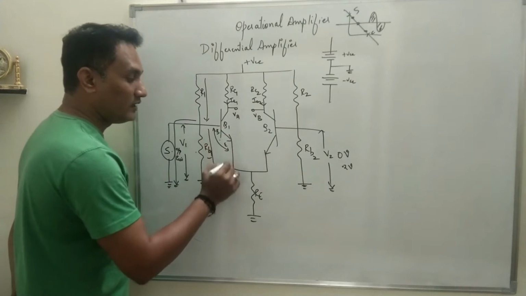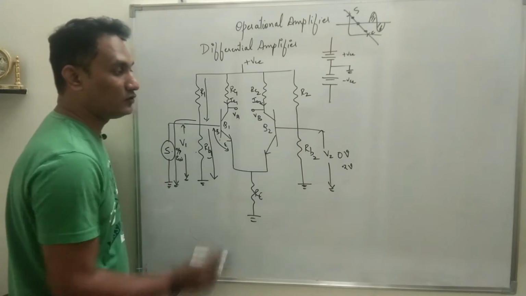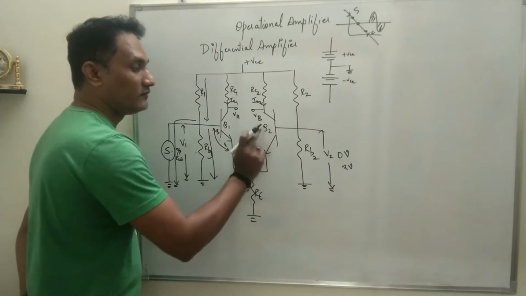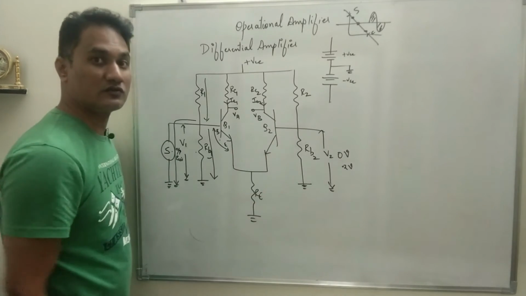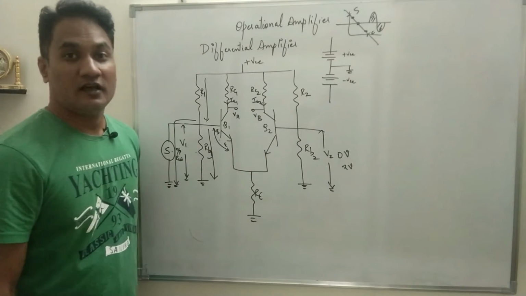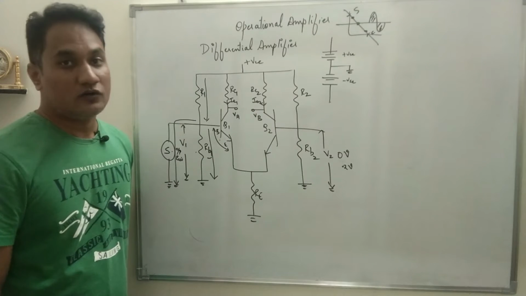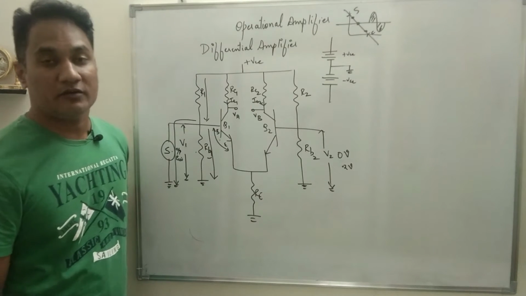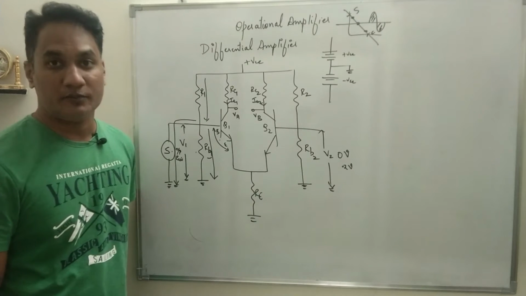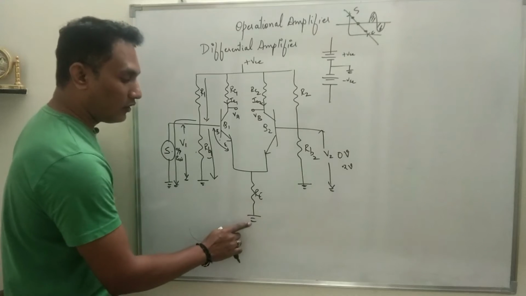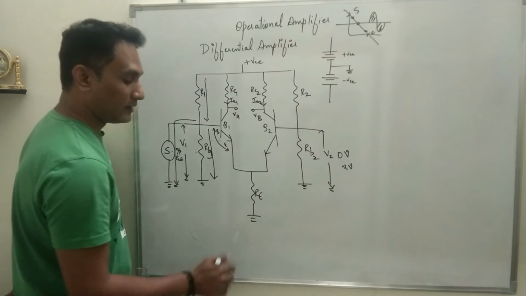And as Q1 is directly connected to Q2, any change in Q1 will produce a change in Q2. So the biasing condition of Q2 will also change. Will there be proper amplification at the output? No, either the positive half cycle will be amplified or the negative half cycle will be amplified. So amplification will not be proper if you always use circuit ground, or use only one power supply.